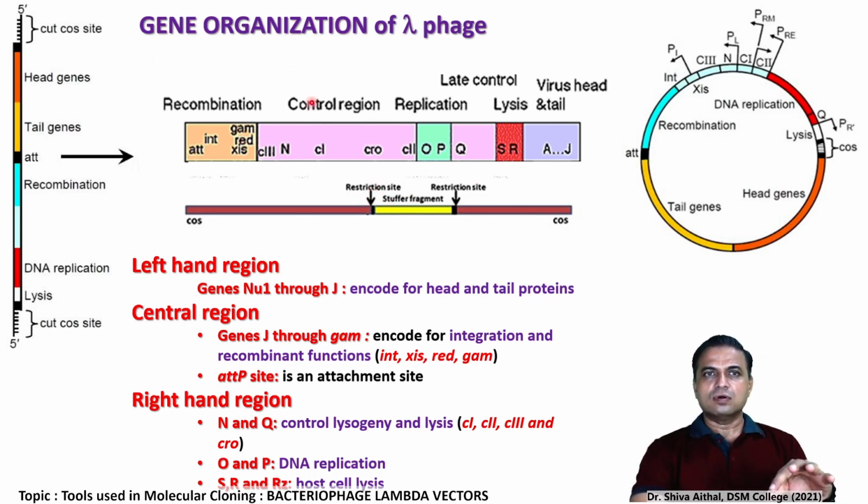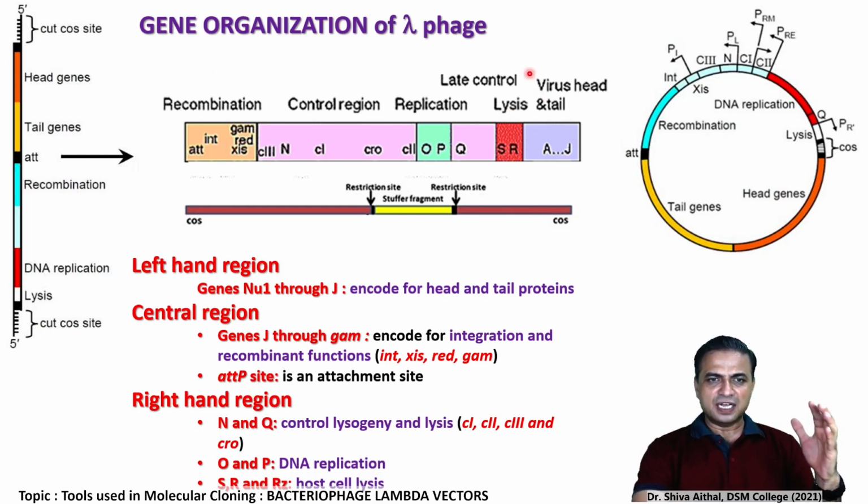So if you see the genetic organization of lambda phage, it has a left hand region, a central region, and a right hand region. The left hand region, as it is a mirror image on the screen, this is the left region, this is the right region.